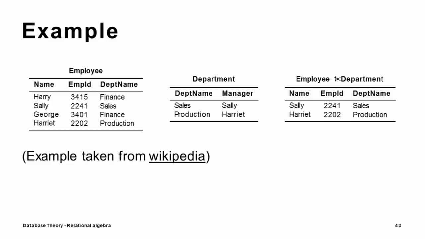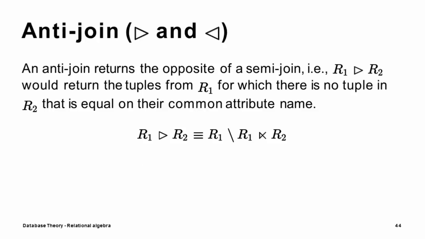I did write that on the whiteboard. So when you moved over to that anti-join, we concluded that it was the opposite of a semi-join. So if you have R1 anti-joined with R2, that would return the tuples from R1 for which there is no tuple in R2.